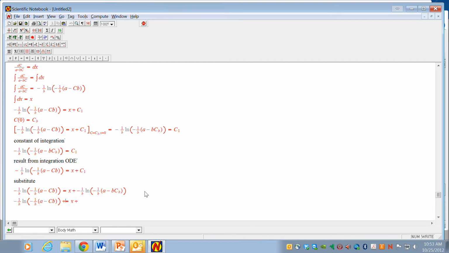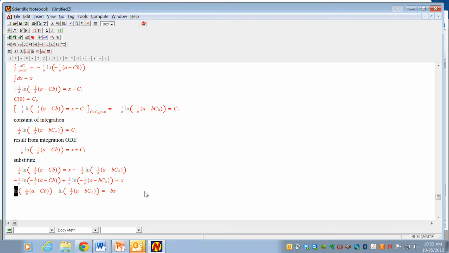So the sign changes like that. So there's step 1. And step 2, I'm going to multiply through by minus b. So there's 1 over b, so if I multiply through by minus b, that just becomes minus, and that becomes plus.